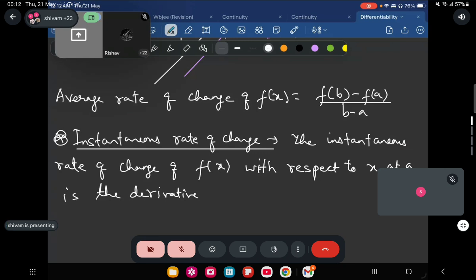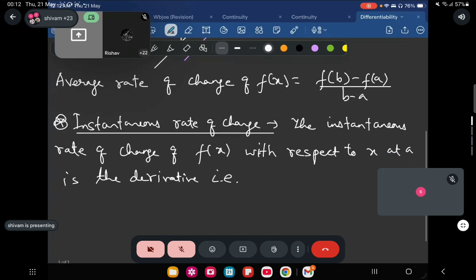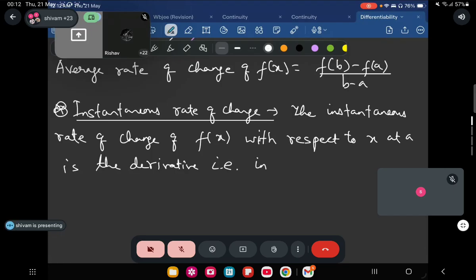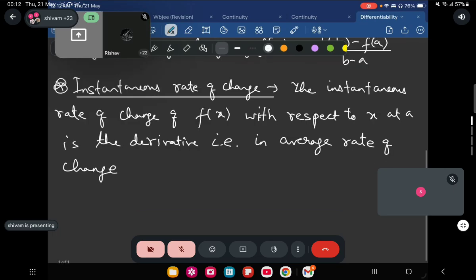That is, in average rate of change, b and a should be very close to each other.